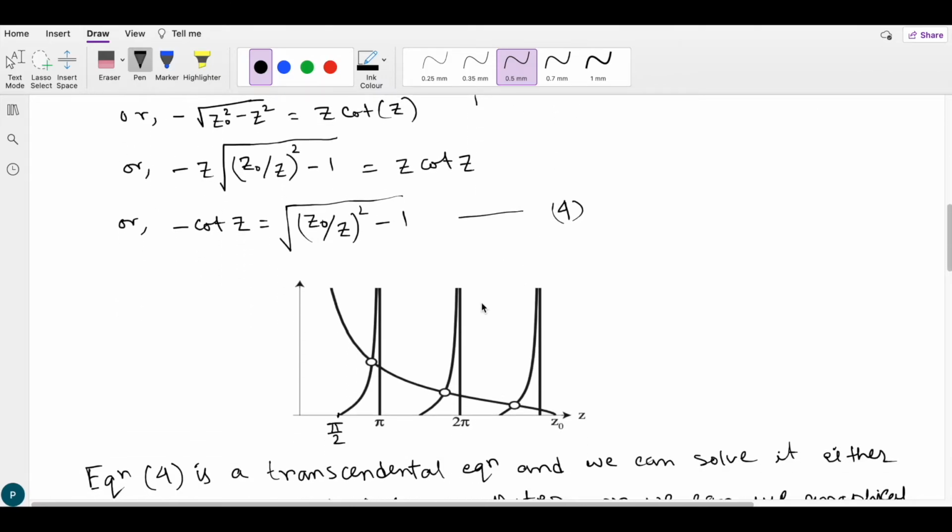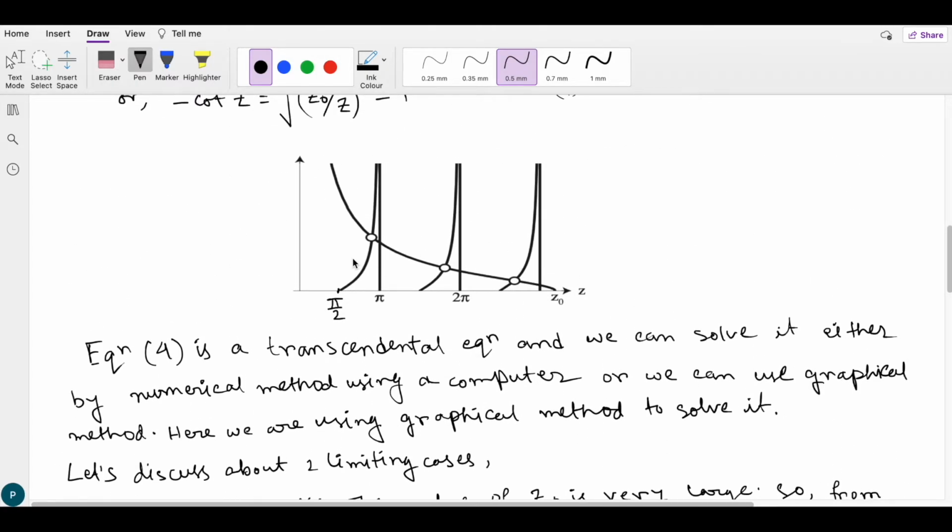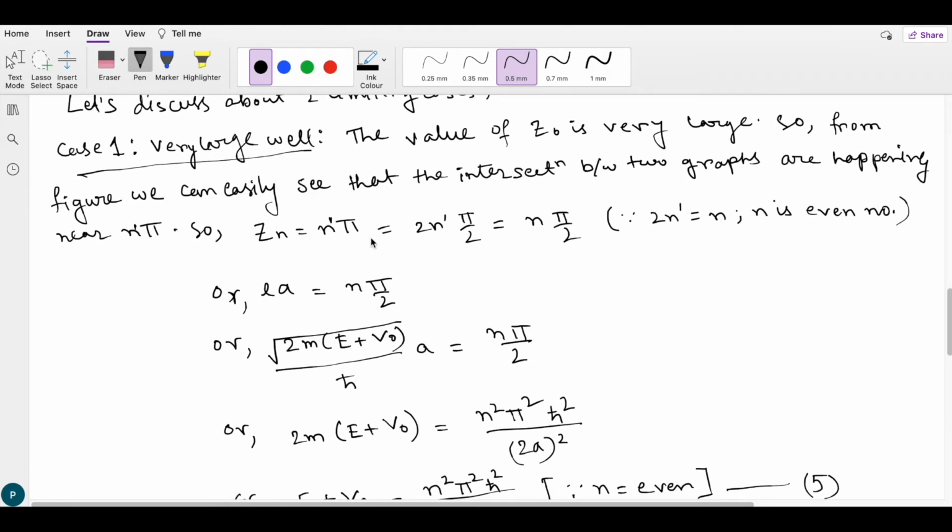It is defining the size. So from the figure we can easily see that if z naught is very large, the intersection points are very close to n prime pi. That's why we are using z equals n prime pi.